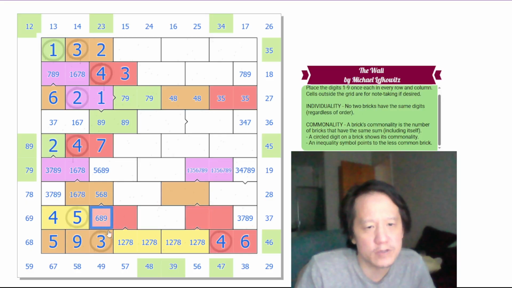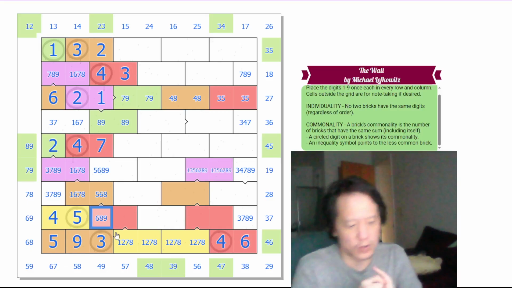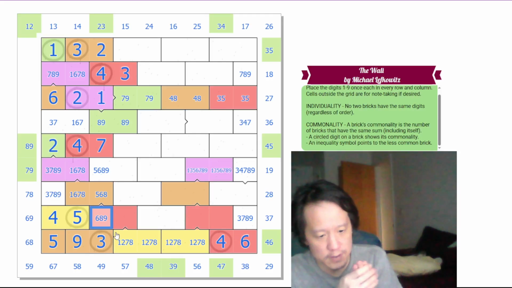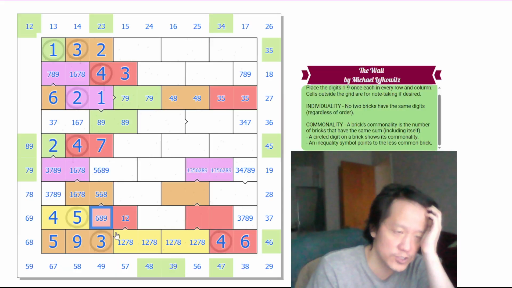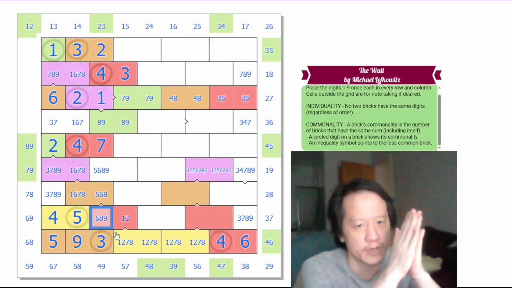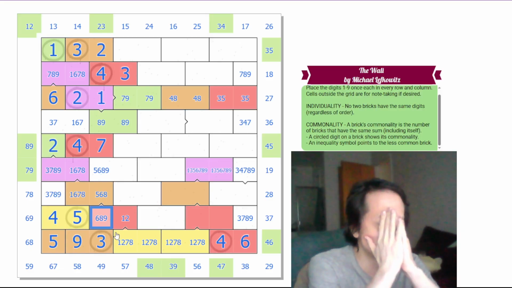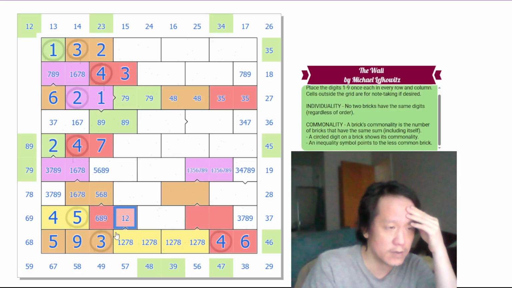So, what could the 6 be? It cannot be with 4, so that's not 10. 6 and 5 also doesn't work, so that can't be 11. So it would have to be 1 or 2 if it were 6. 6 and 1 adds up to 7, which is 4 commonality. 8 cannot add up to 7 or 8, so it would have to be 10 or 11. So this is 1 or 2 no matter what, then.